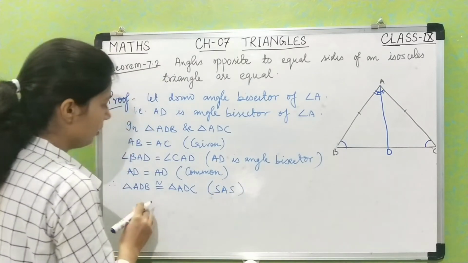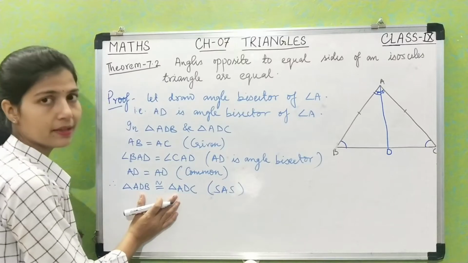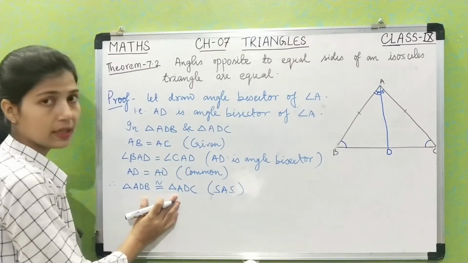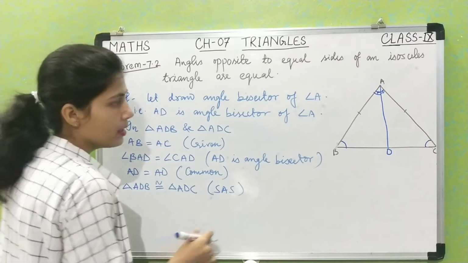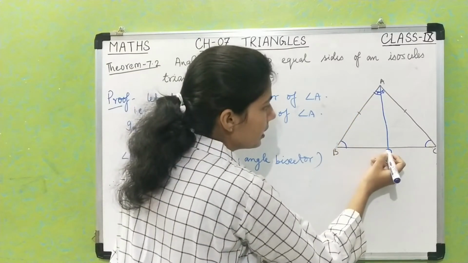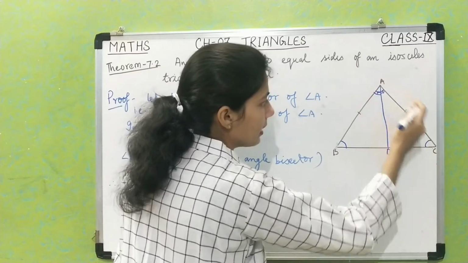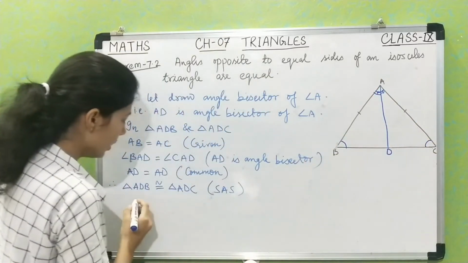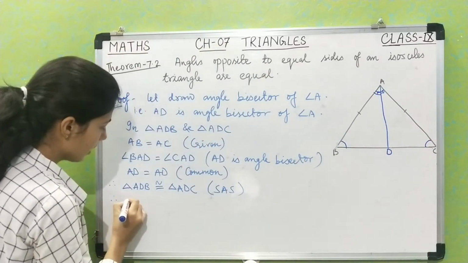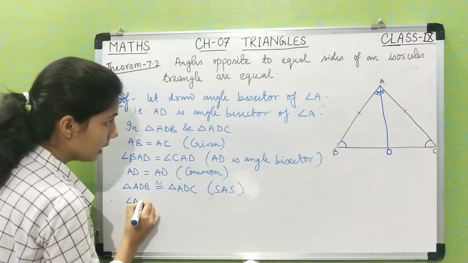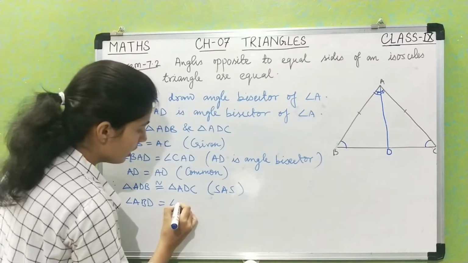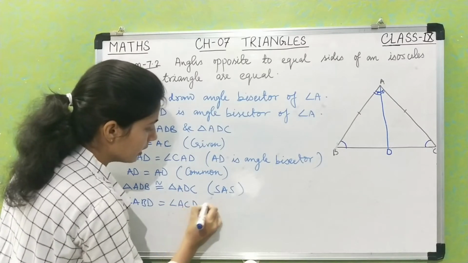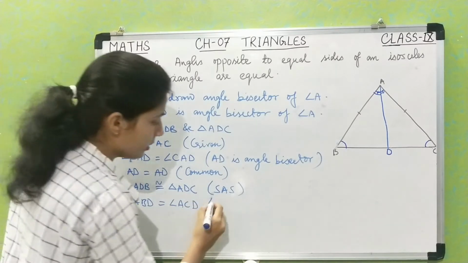Okay, so since these triangles are congruent, their corresponding parts also will be equal. Okay, so angle ABD will be equal to angle ACD by CPCT.